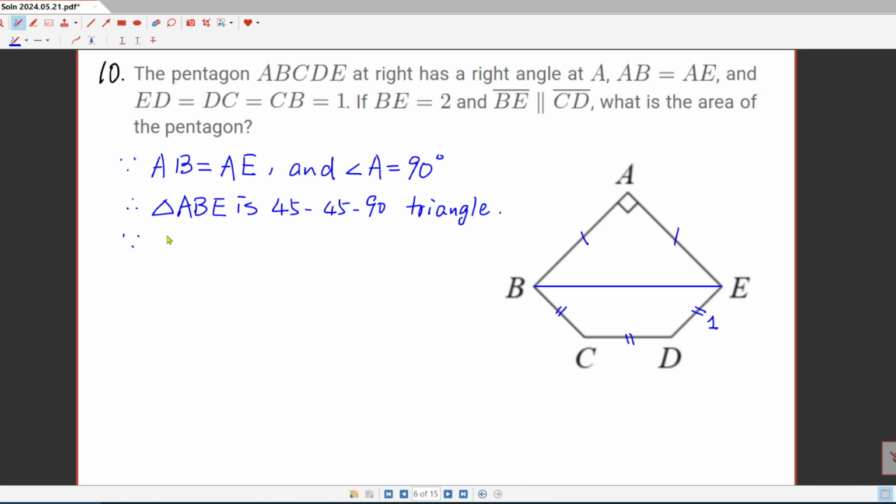We are also given that BE is 2, right? So if you know one side in that triangle ABE, you know the other two sides.